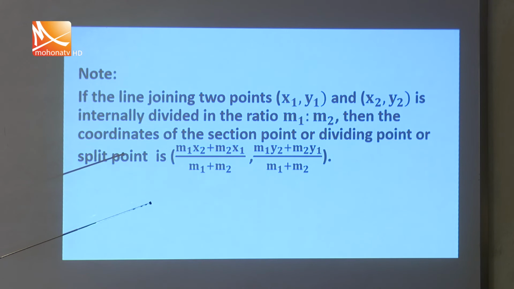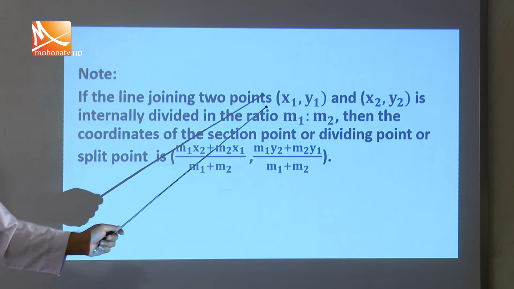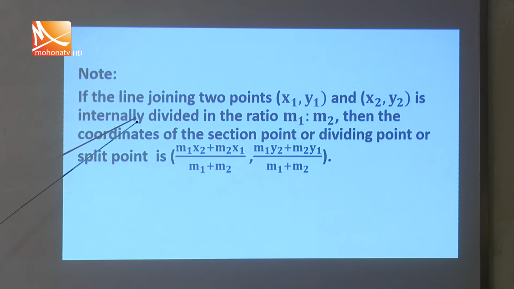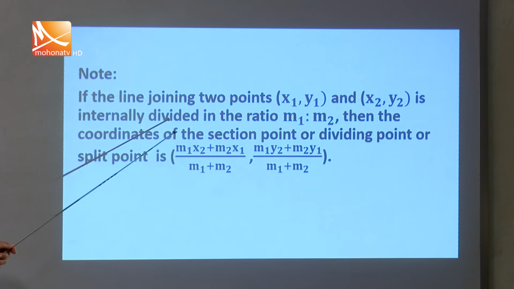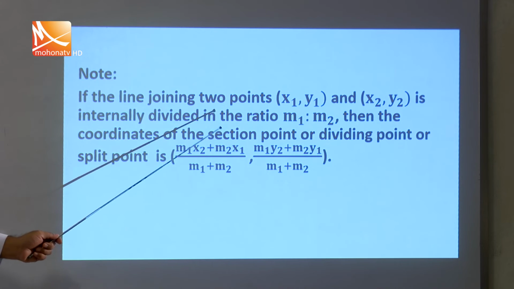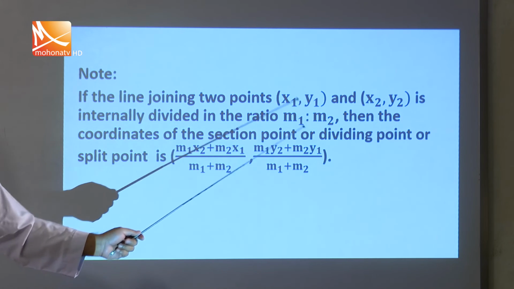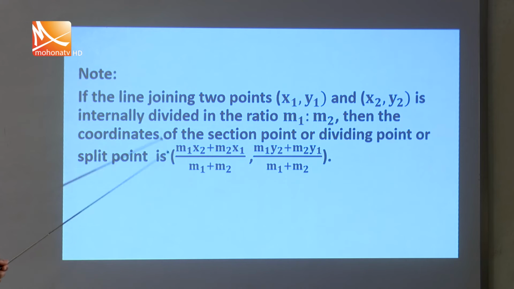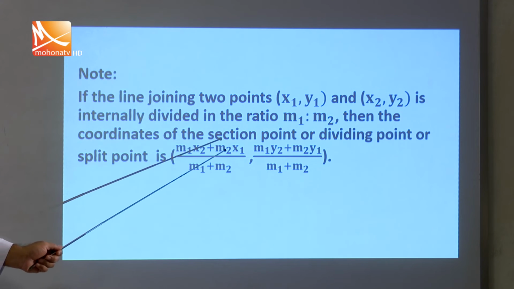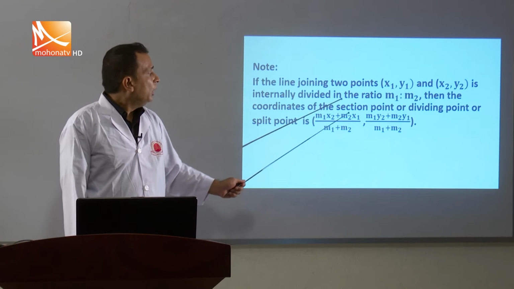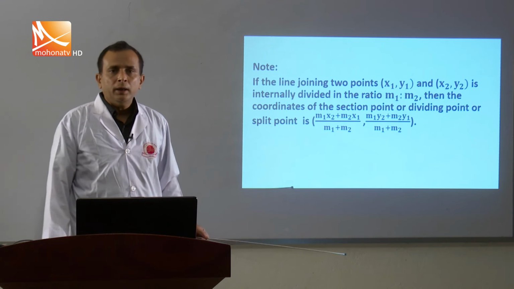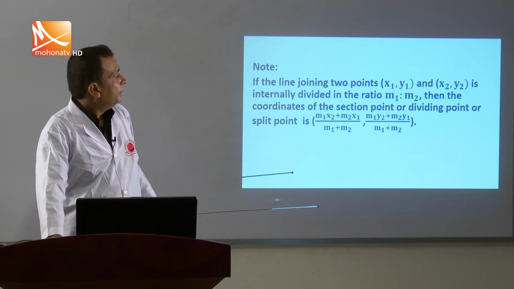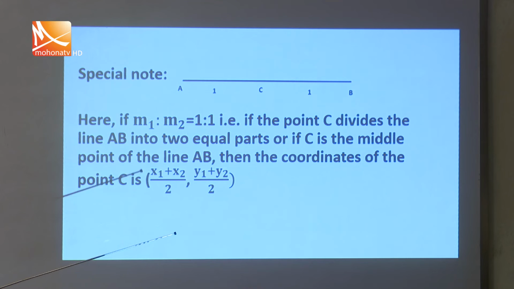You just see that there is a note: if the line joining the two points (x1, y1) and (x2, y2) is internally divided in the ratio m1 is to m2, then the coordinates of the section point, or we call it dividing point or split point, is (m1 x2 plus m2 x1) by (m1 plus m2), then (m1 y2 plus m2 y1) by (m1 plus m2). Okay. Then there is a special note.